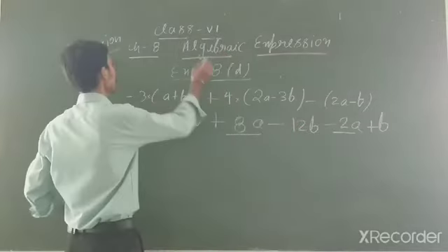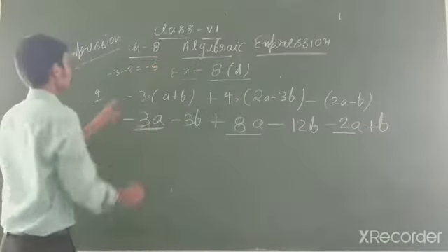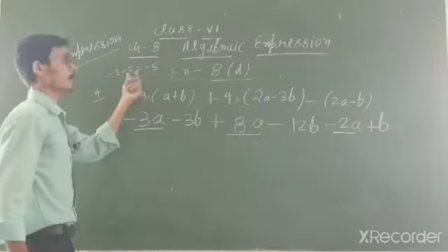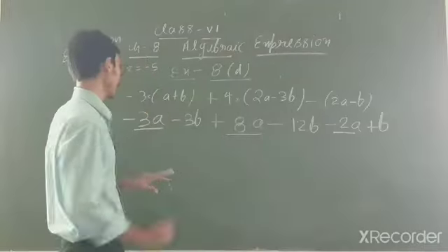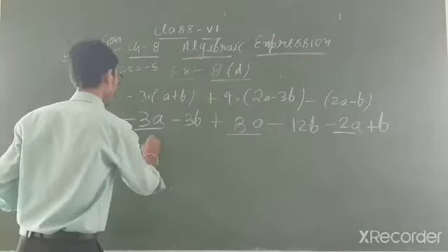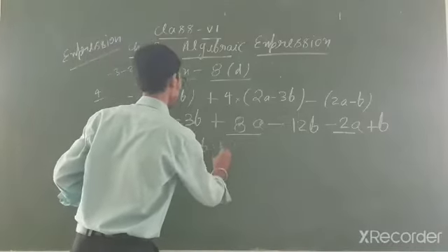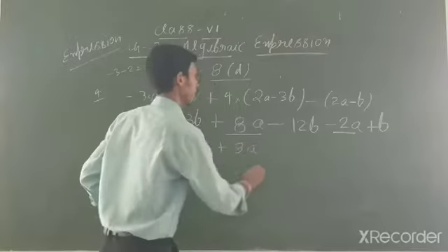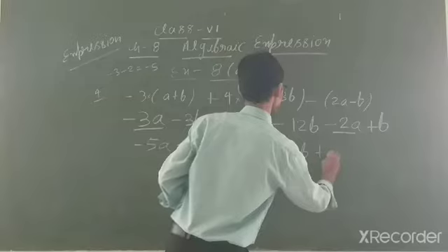First -3 is given, -2 is given. Now you know that -3 and -2 become -5. Why? 3 plus 2 is 5 and sign of greater integer. So which one is greater, student? 3 is greater. So -3 and -2 it will become -5. Write down -5a and -3b plus 8a plus -12b plus b.